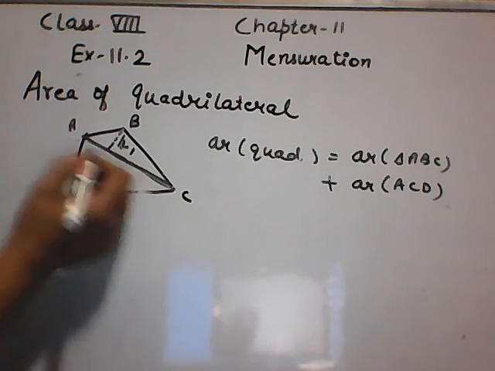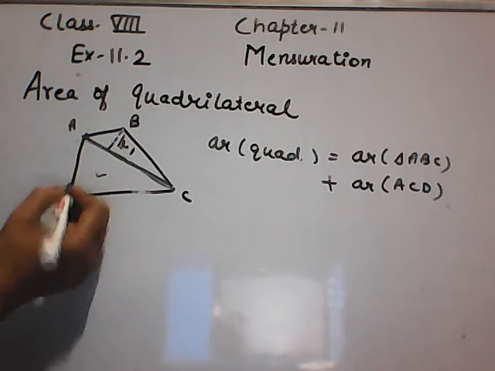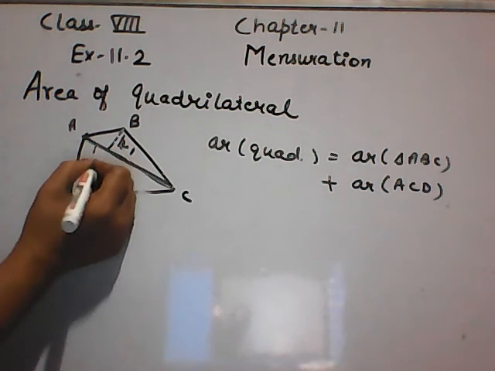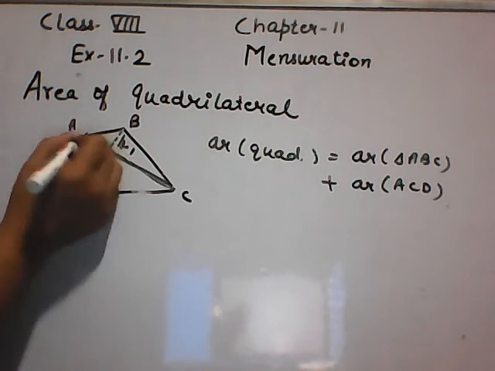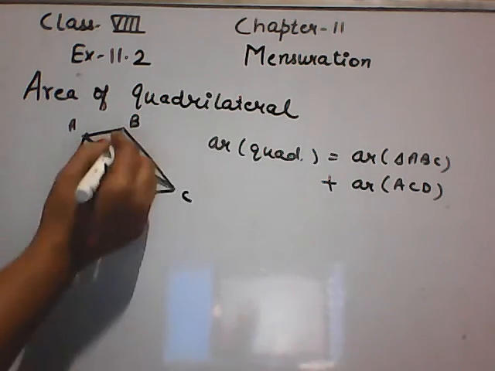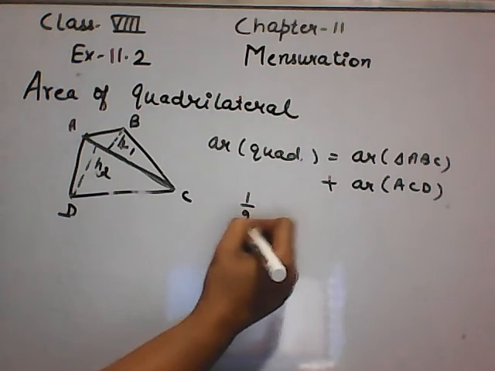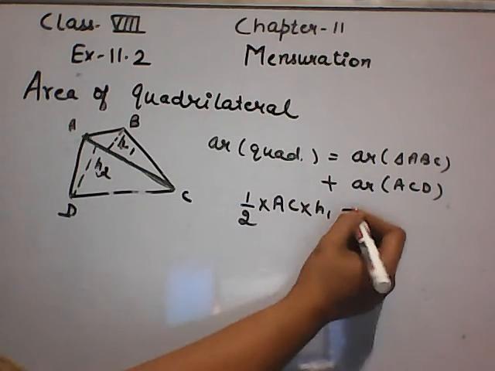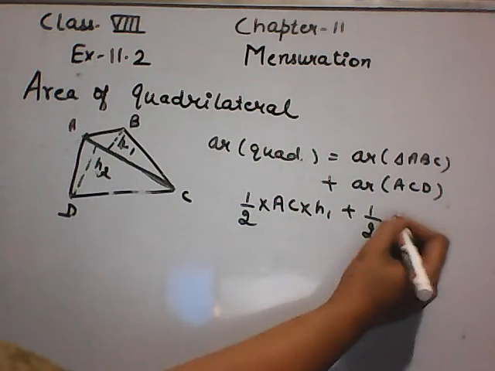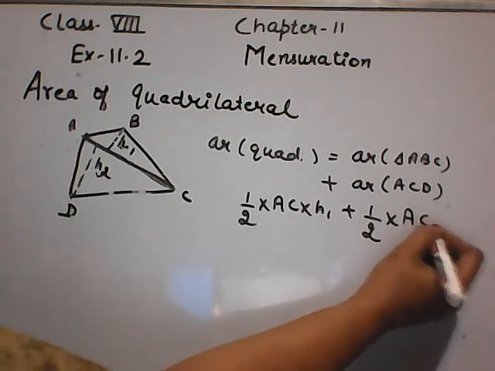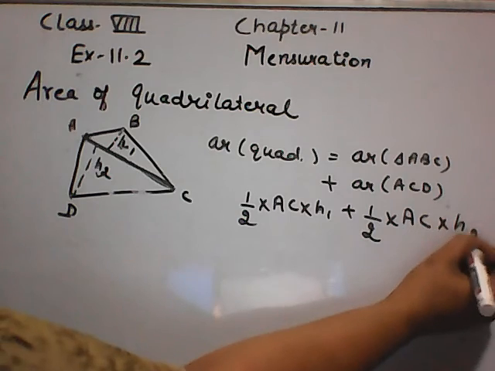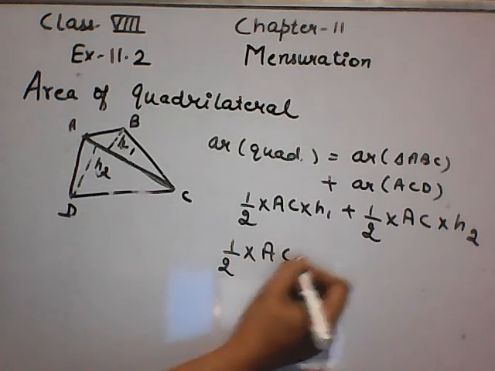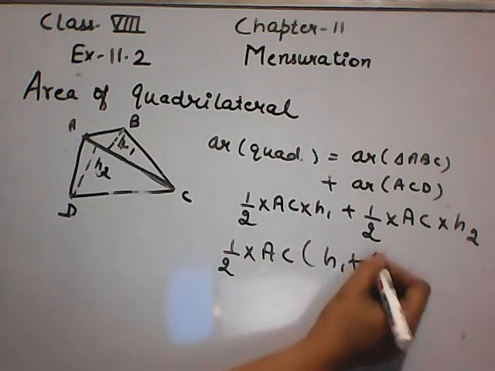Suppose we draw another height from this vertex D, perpendicular h2 on base AC. Now the area of ABC is 1 by 2 multiplied by base multiplied by height, and the area of ACD is 1 by 2 multiplied by base AC and height h2. We can take 1 by 2 multiplied by AC as common, times h1 plus h2.